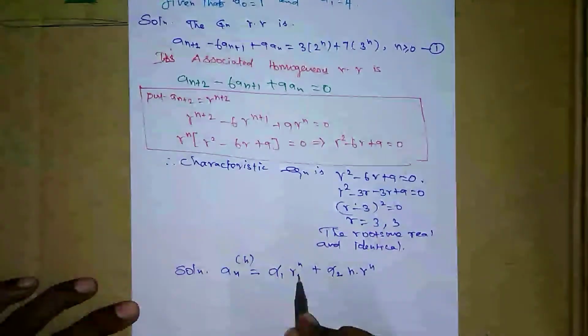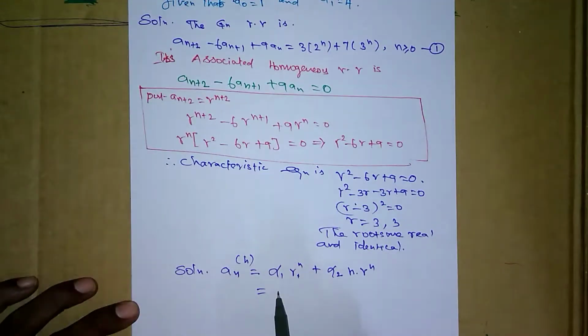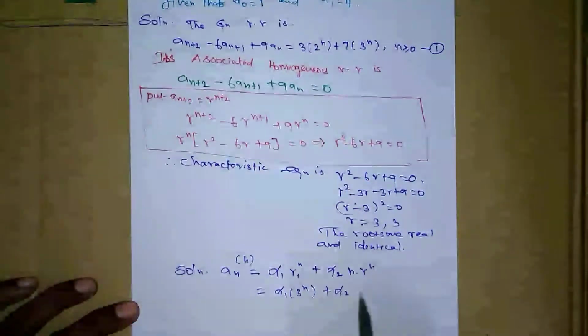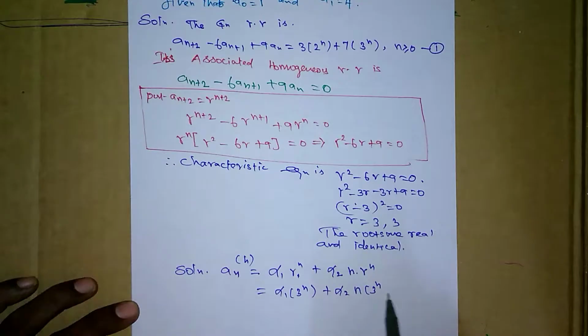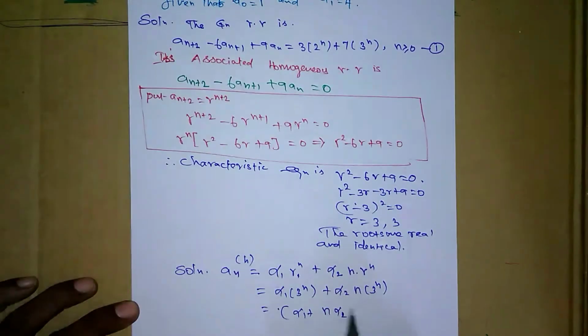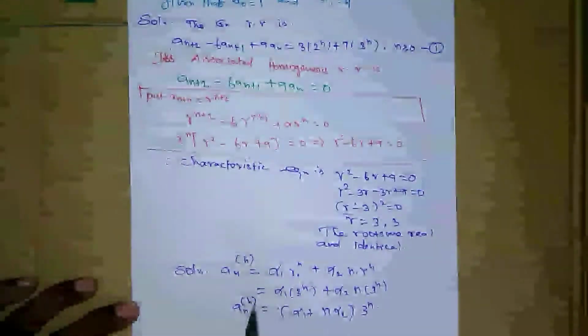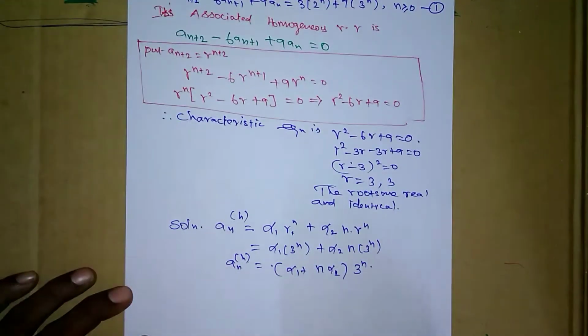Here r is repeated, therefore we can write it like this: alpha 1 3 power n plus alpha 2 into n into 3 power n, which is equal to alpha 1 plus n alpha 2 into 3 power n. This is a n power h, the solution for the associated homogeneous recurrence relation.